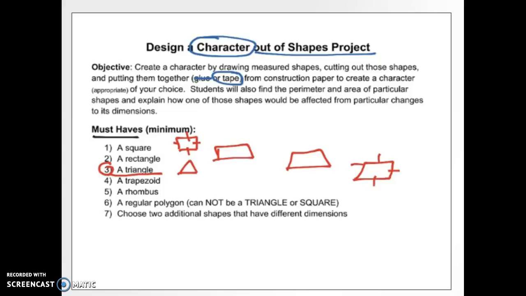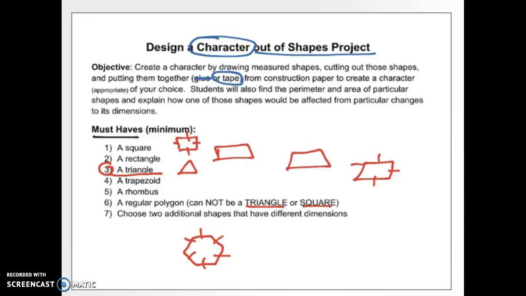And remember, regular polygon has to be where all the sides are the same measure and all the angles inside of it would have the same measure. You cannot use the triangle or a square to count as your regular polygon.